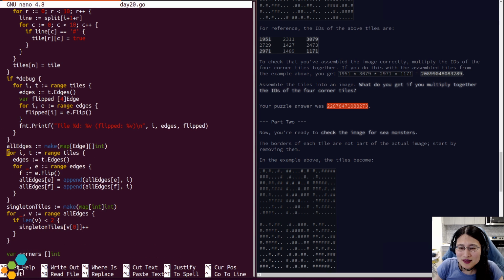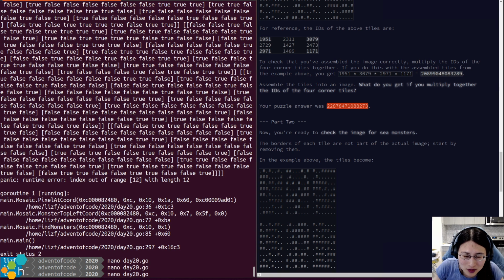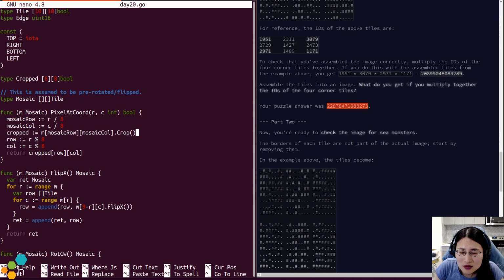So I need to see where I'm first defining the mosaic. And is this actually doing the right thing? Yeah, that's correct. Var line. Okay, so that's not where the problem is. Line 36. Mosaic row.